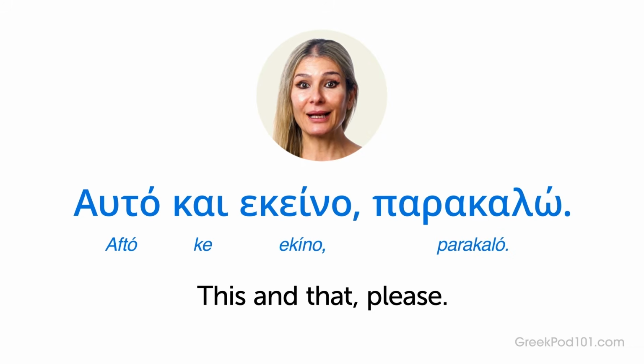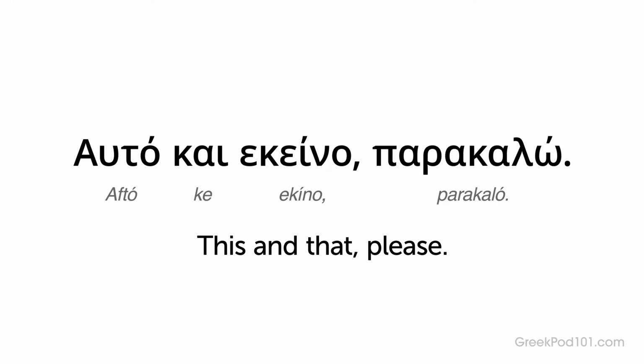Αυτό και εκείνο παρακαλώ. This and that, please. You can use the words Αυτό, and εκείνο, together. When requesting multiple items, you can join them with the conjunction Και, meaning and.